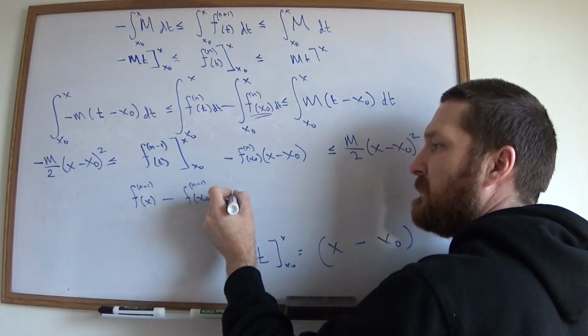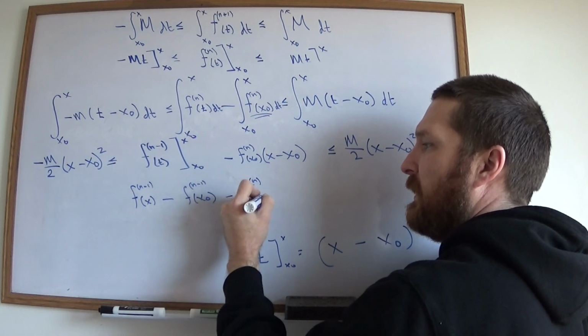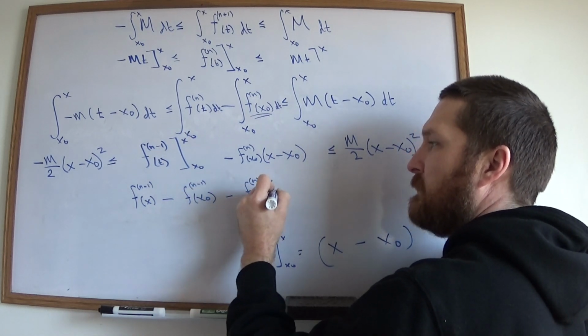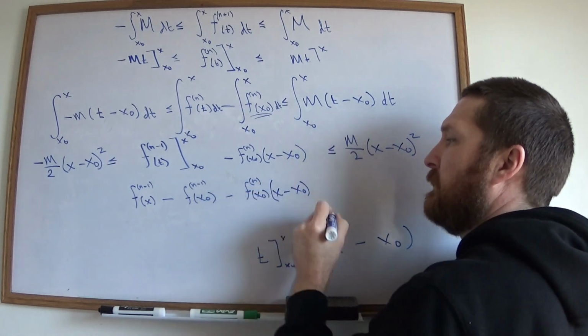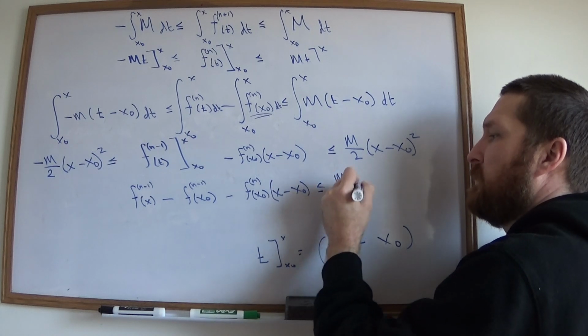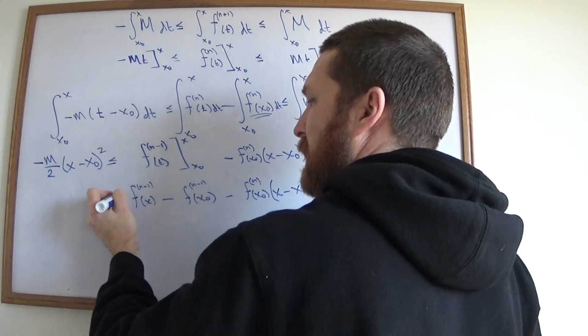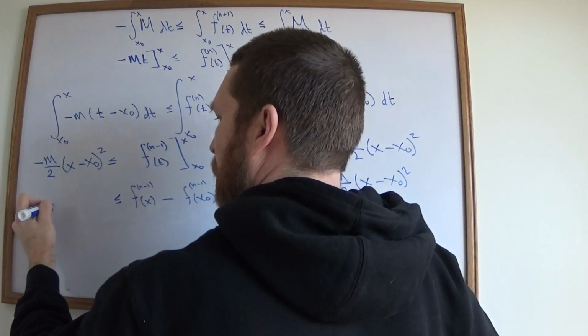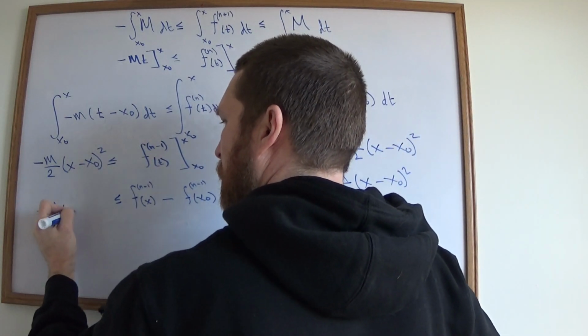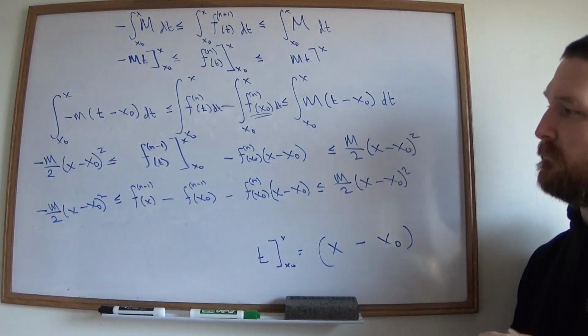Now, minus the nth derivative at x0 times x minus x0. And we're saying that's less than or equal to m over 2 x minus x0 squared. And it's bigger than negative m over 2 x minus x0 squared, like that.